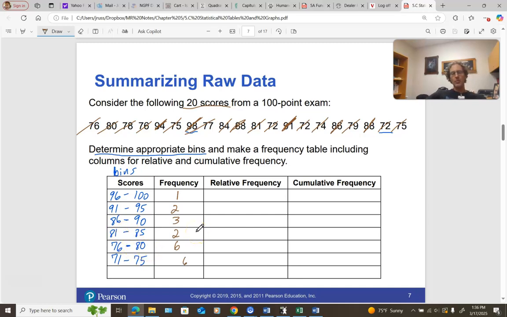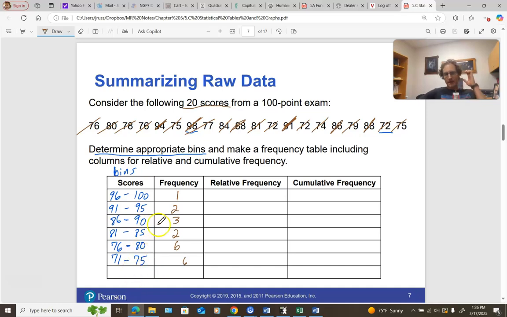But anyway, the point I'm trying to make here is that this shows you more readily how the data is distributed. So you can see here I've got 6 and 6. This goes from 71 to 80. So basically around 12 people made C's, okay, which is like 60% of the class.